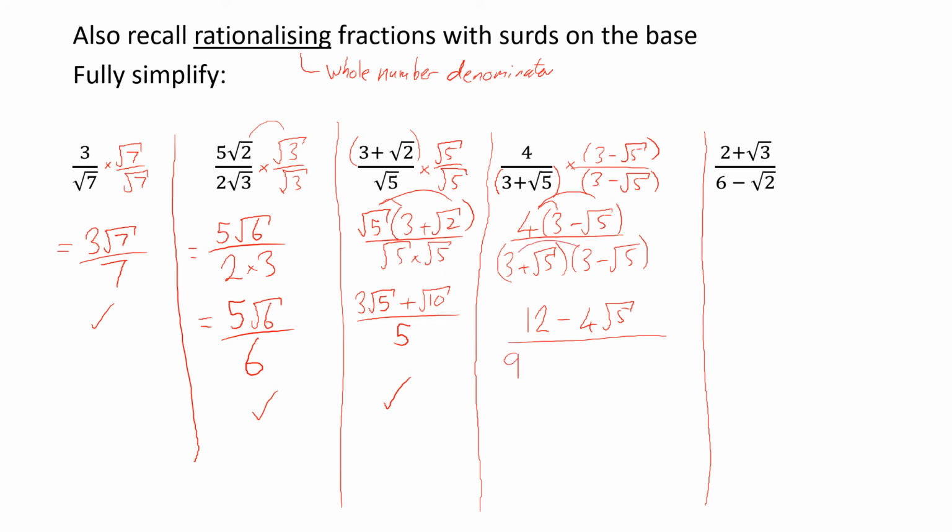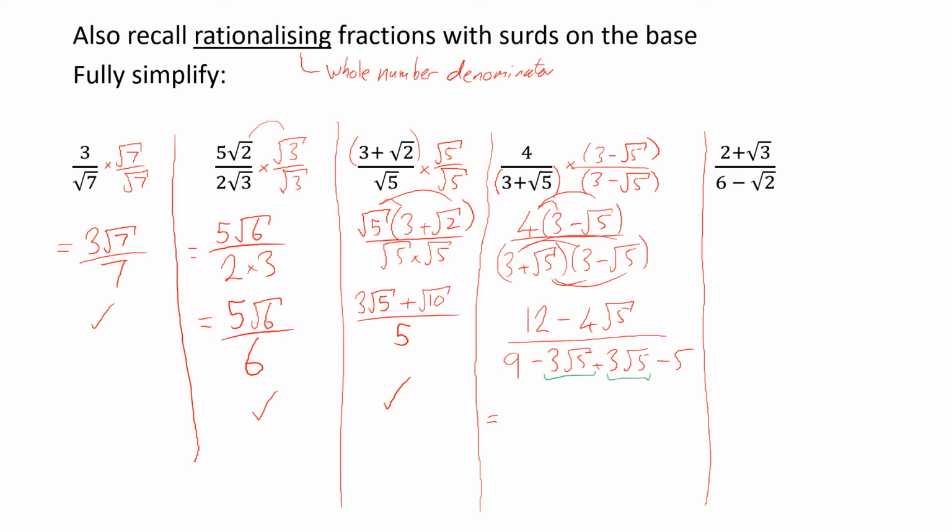We've got 3 times 3 is 9, minus 3 root 5, plus 3 root 5, and then minus 5. Now the really clever thing about this method is that you end up with a minus 3 root 5 here and a plus 3 root 5 here, and those two cancel out entirely.